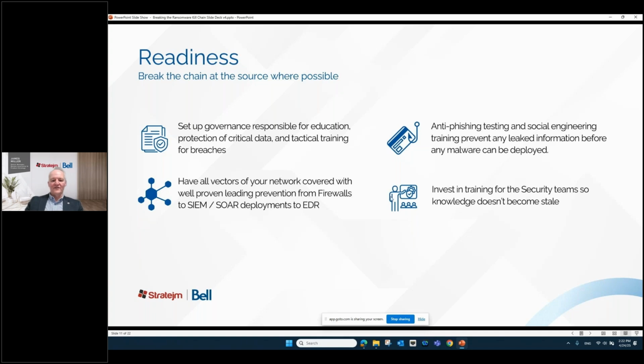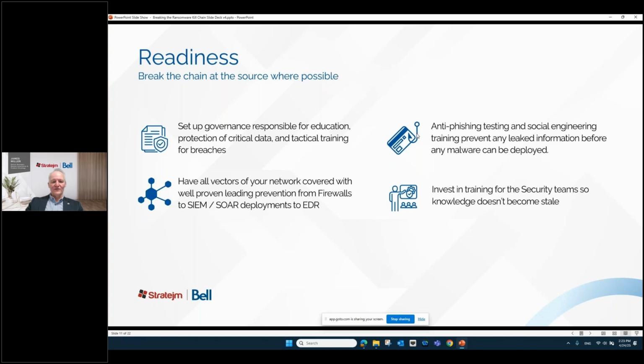And that can lead to anti-phishing testing, social engineering training, can also look at investing in working with an outside firm to do red team testing, purple team testing, to have the awareness of what your posture is. And that's key to knowing what to do next, because you can't respond if you don't know the ready state of what you're responding to.